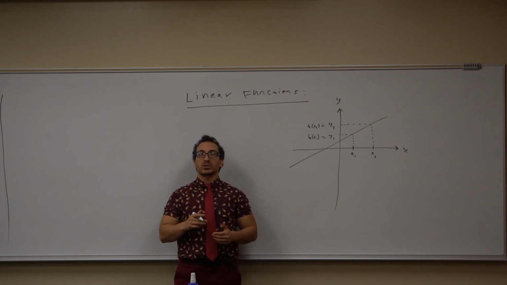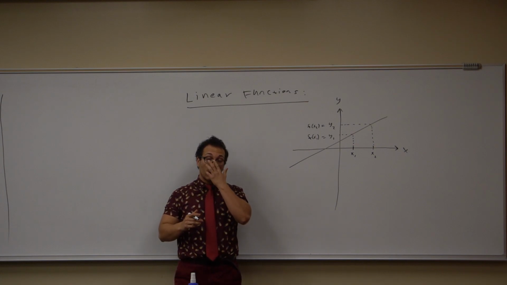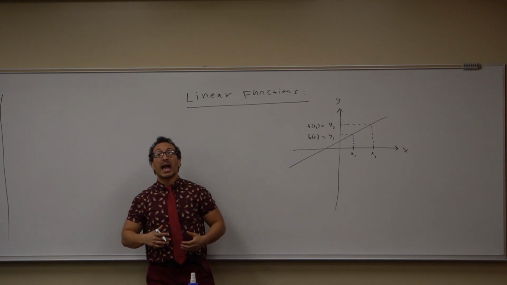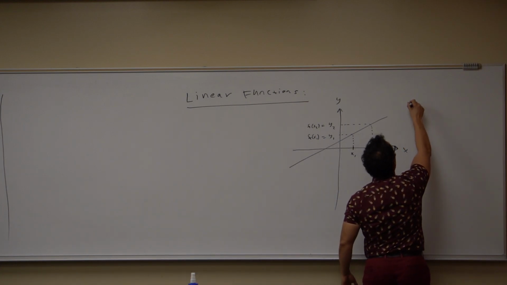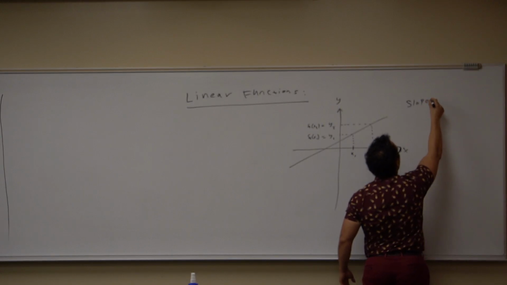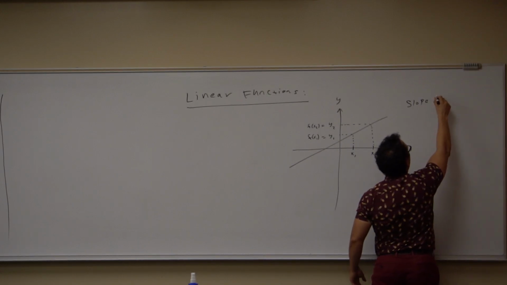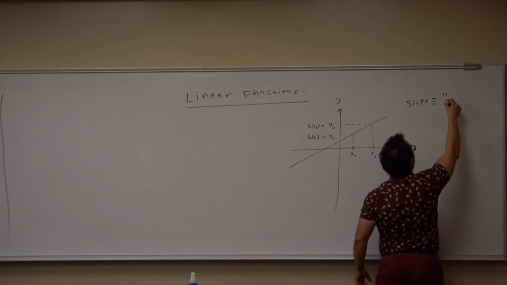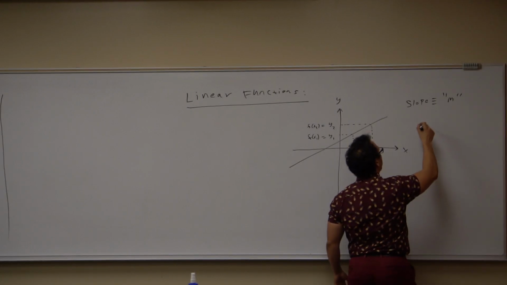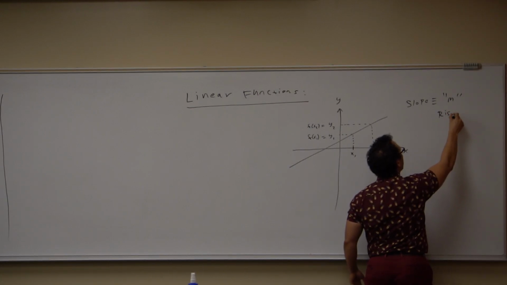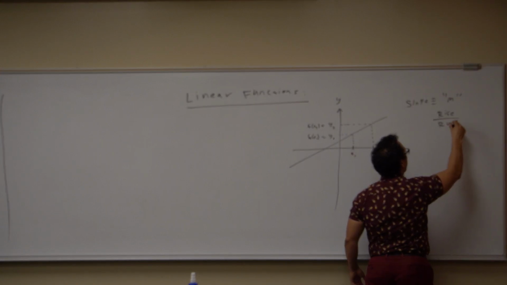The first definition in order to analyze the properties of lines is that we have to define the concept of slope. Slope, denoted by the letter M, is sometimes called rise over run.